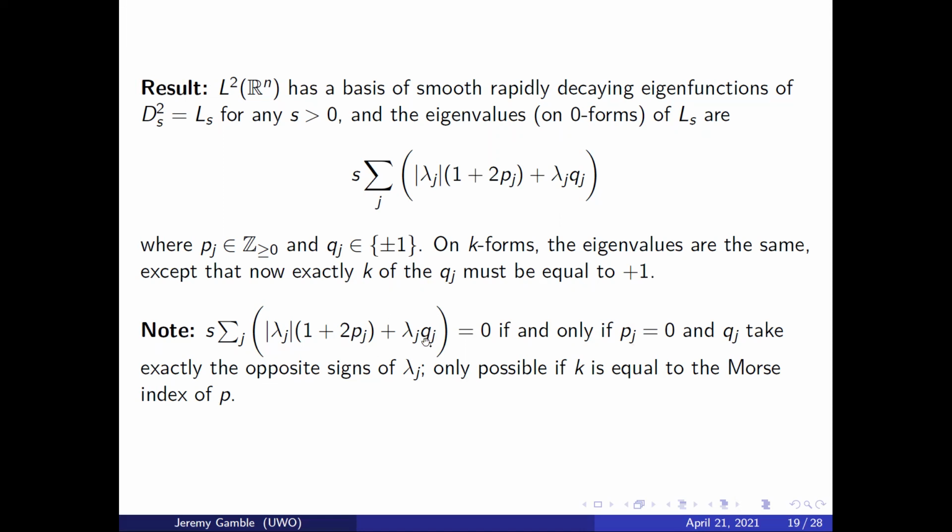And then the only way this whole sum can be 0 is if Q sub j always takes the exact opposite sign of lambda sub j, so that every term here is negative, which means that you need to have K be equal to the Morse index at the point P, because the number of lambdas that are negative is equal to the Morse index. So this is where you're seeing explicitly where the Morse index pops up in this proof, and it pops up because of the perturbed harmonic oscillator.